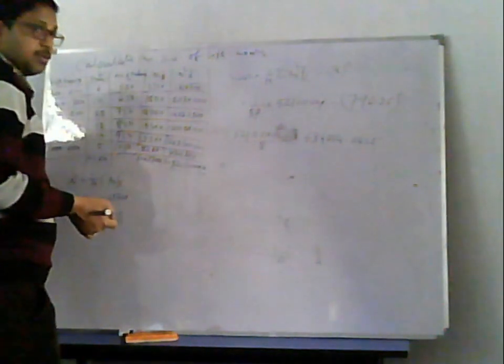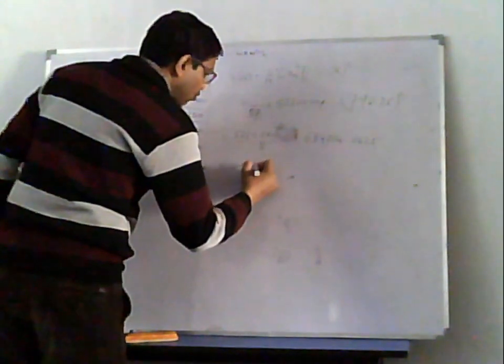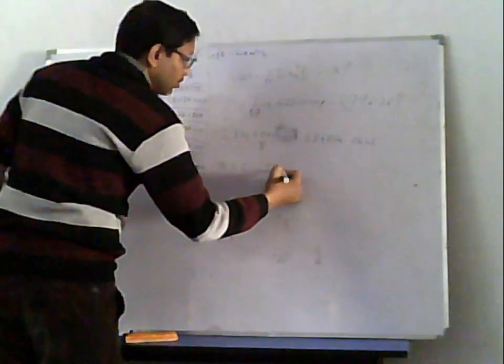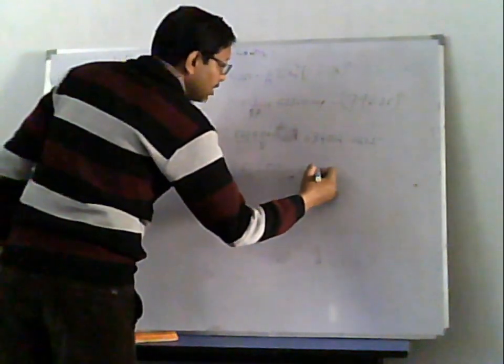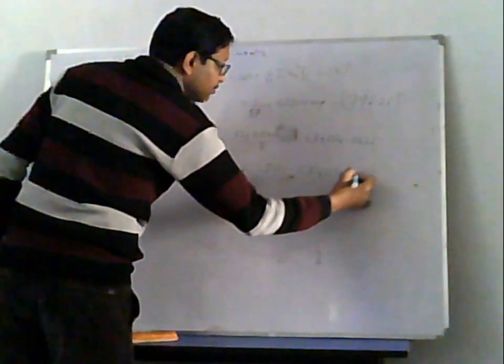Now, what is the result of division? 651250. Yes. Minus 634014.0625. Okay, what will be the result?